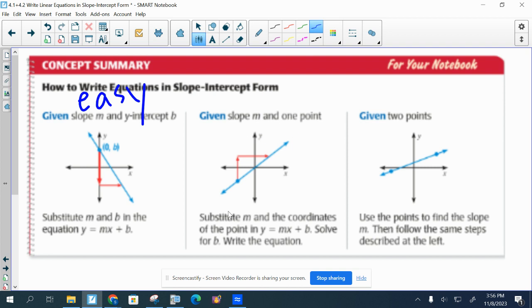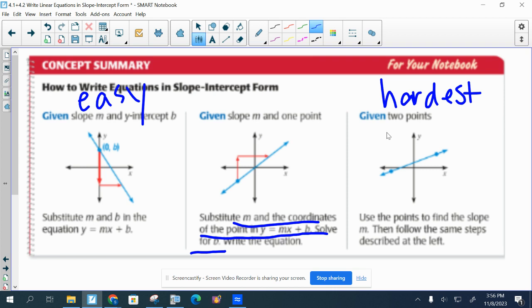You have to substitute m and the coordinates of the point in for y equals mx plus b and solve for b. Then write the equation. The hardest way, not that it's hard, but most steps, is if they give you 2 points, because you have to first solve the slope, then follow the same steps as if it were like that.